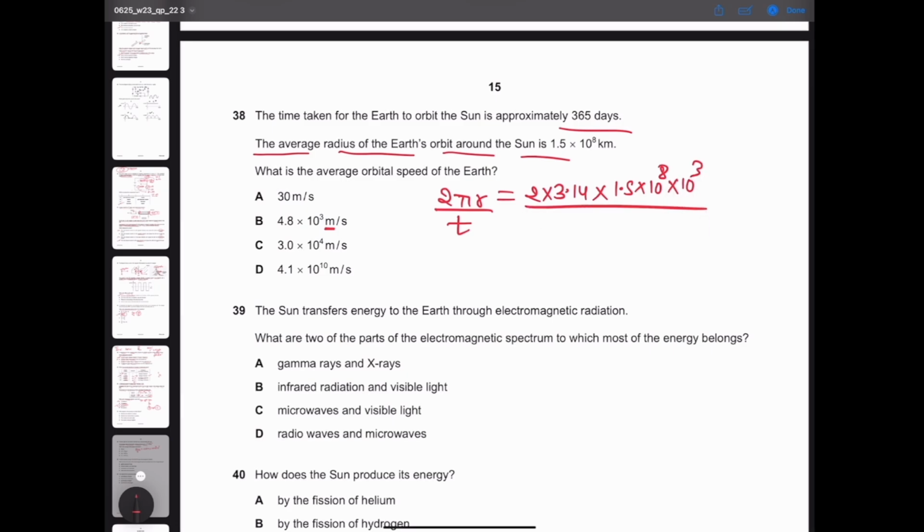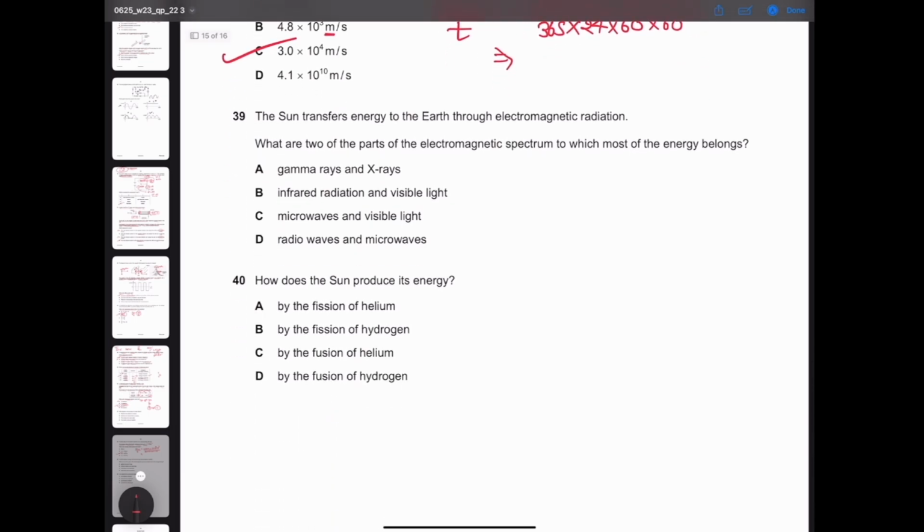Time you will have to take in seconds: 365 days, each day contains 24 hours, each hour 60 minutes, each minute 60 seconds. When you do the maths, your answer will come out to be 3 into 10 to the power 4 meters per second.